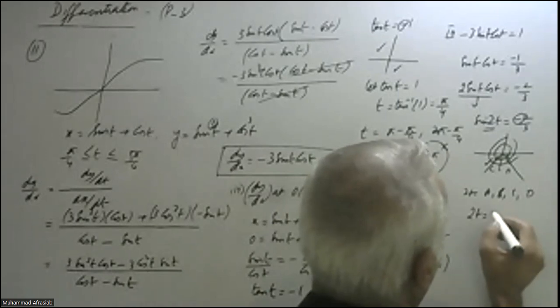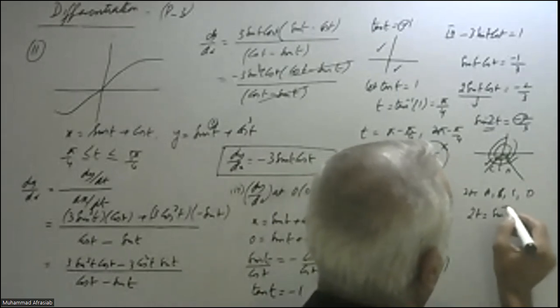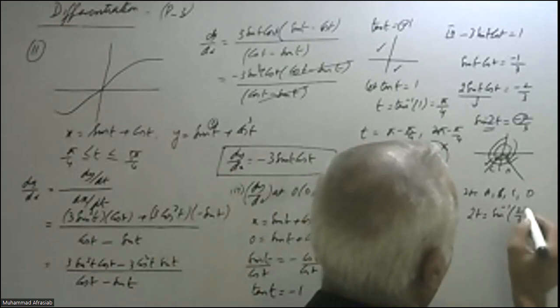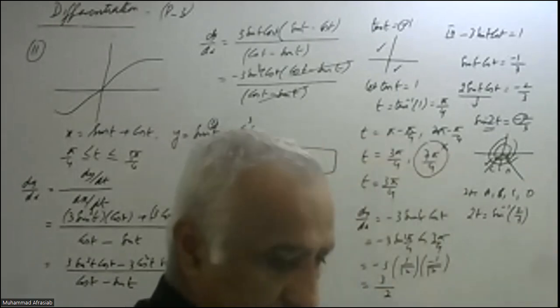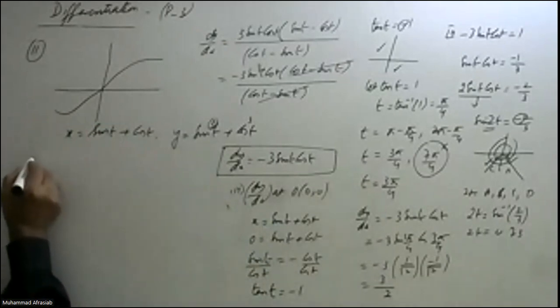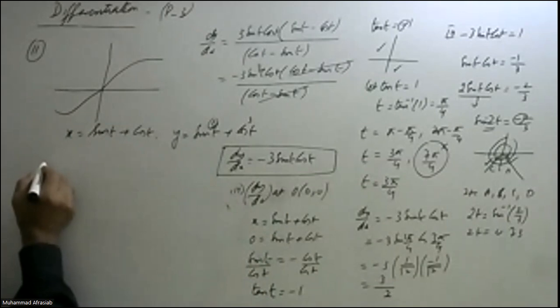2t is equal to sine inverse of 2 by 3, which is 0.73. So it is in the third and the fourth quadrant.